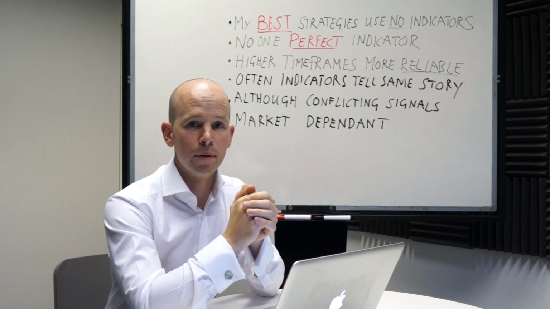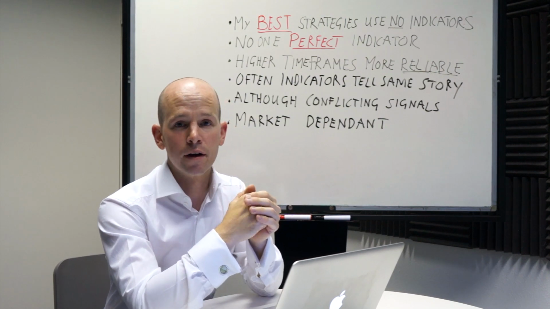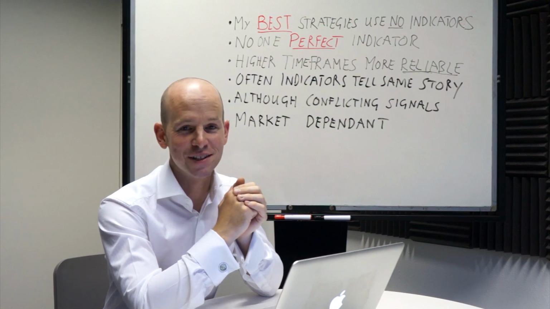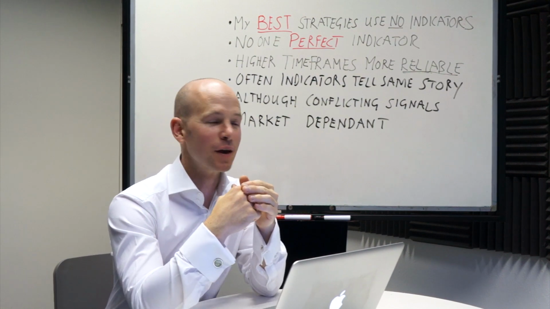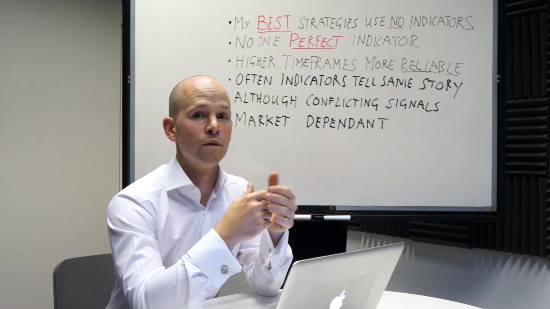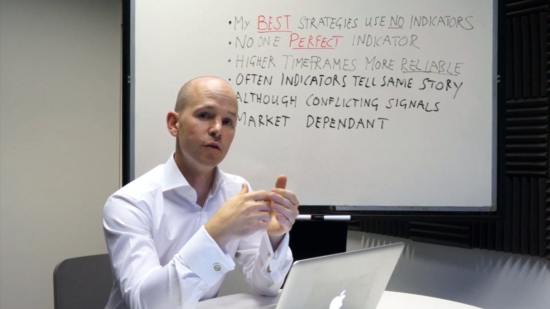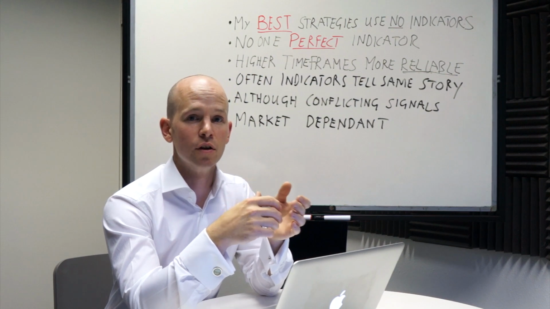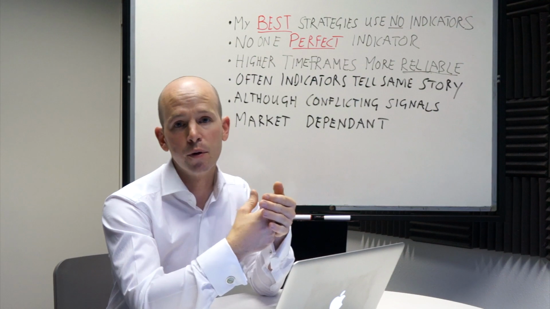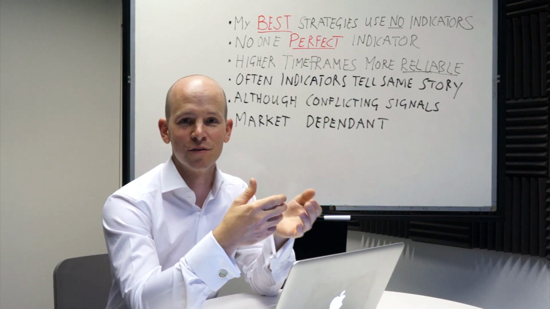However, you go and apply that to any other market and you'll find it's nowhere near as effective. I've done it, I've tested it. So what works really well on one market may not work at all on the next market. So if you find an indicator or a strategy that works really well and then you start testing it on multiple markets, don't be disappointed if it doesn't work as well as the first one.